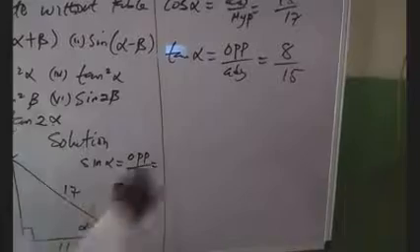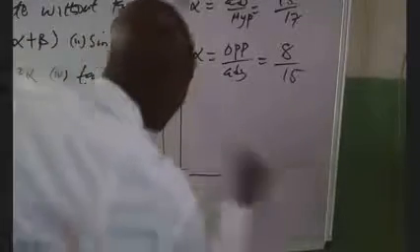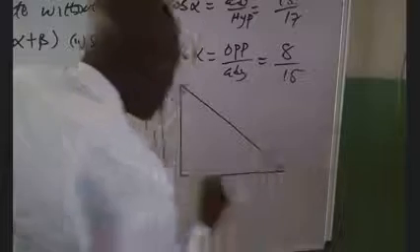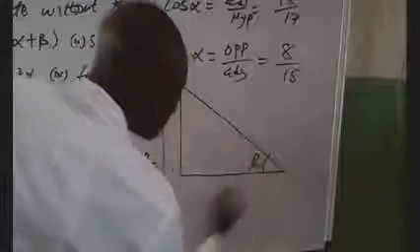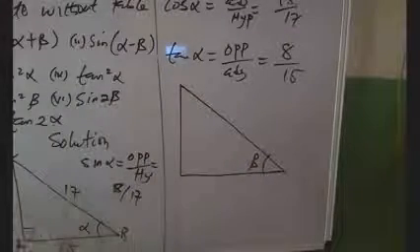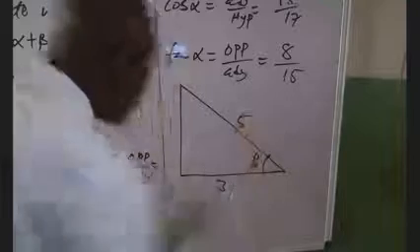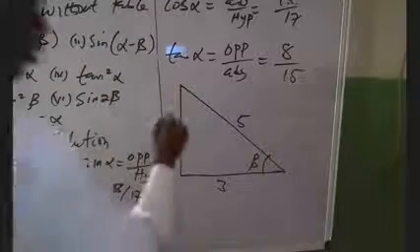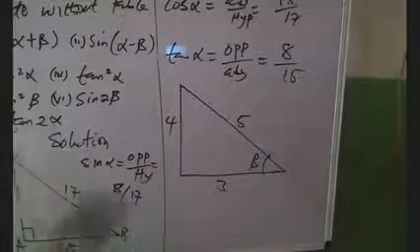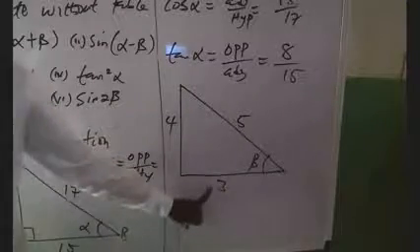Now let's look at cos beta. We're given that cos beta, if I take this triangle, this is another triangle, here is my beta. Cos is adjacent over hypotenuse. Here is 3, here is 5, so by Pythagoras theorem, here will be 4, which is 5 squared minus 3 squared.